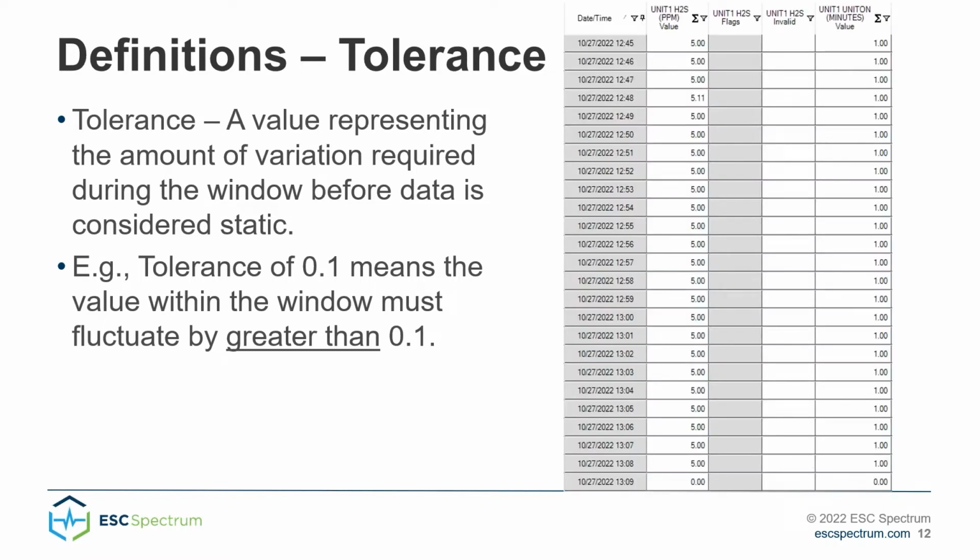So if we go back to this example, if we look at that minute 12:48 again, and ProcessNow is being run over the hour 13 with a window of 30 minutes, if we go back in each one of those minutes in hour 13, 30 minutes, we see, okay, this one data point at 12:48 fluctuated by more than 0.1, which was what our tolerance was set at. So there isn't a flatline because we had that small amount of variation.